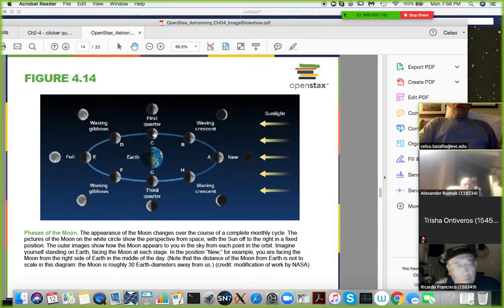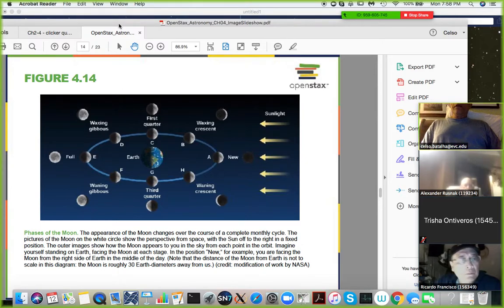But in the first quarter, half of the bright hemisphere is facing us. In fact, a quarter of the moon is towards Earth, so we can see it. And in the full moon, the entire bright hemisphere is facing Earth, and that's why we look at the moon and we see it completely and entirely full. Okay.